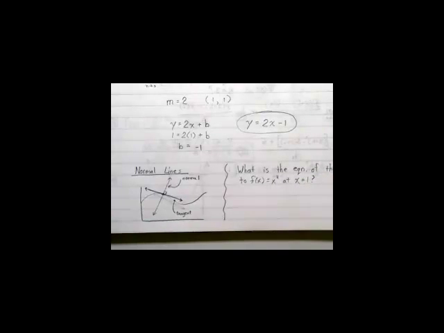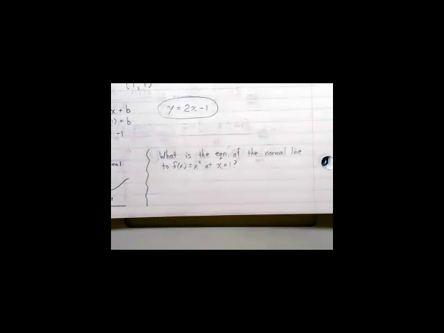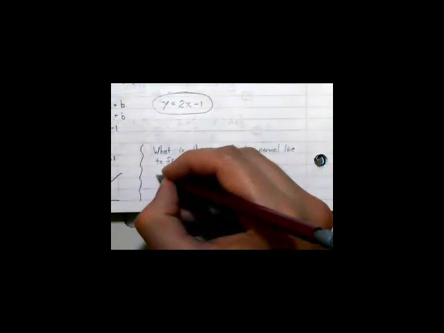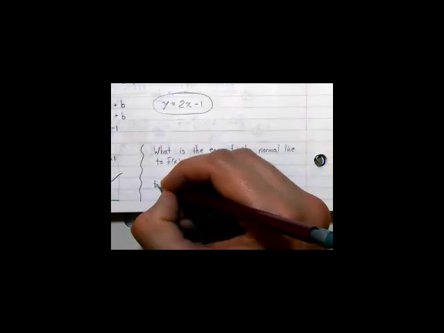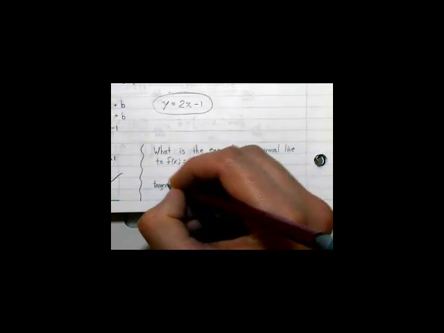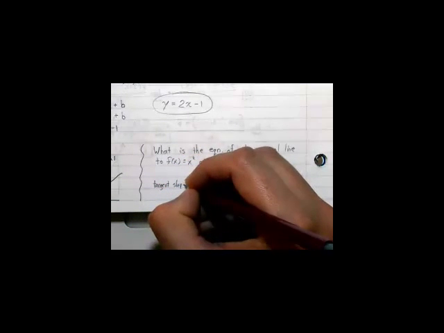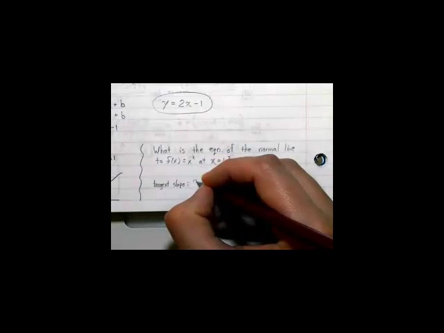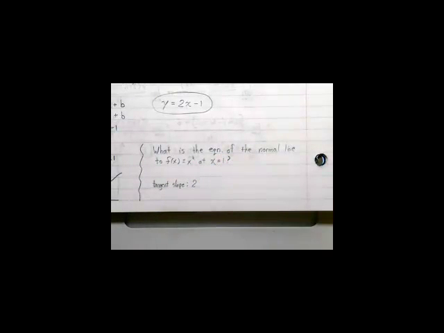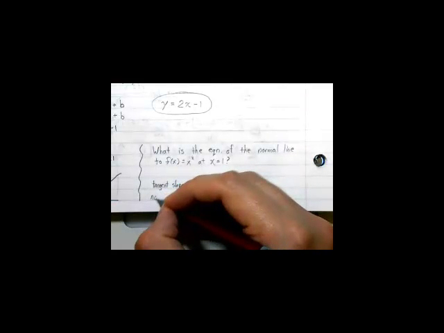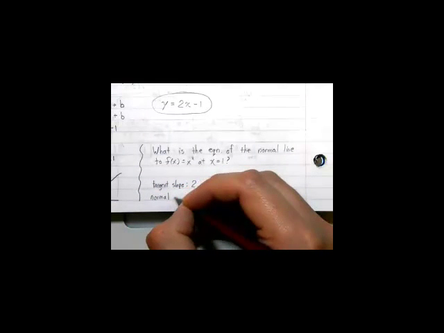Because we've already done the hard work of figuring out the slope of the tangent. Our tangent slope we already found was 2. If the tangent slope is 2, what's the normal slope? Negative 1/2. Good.